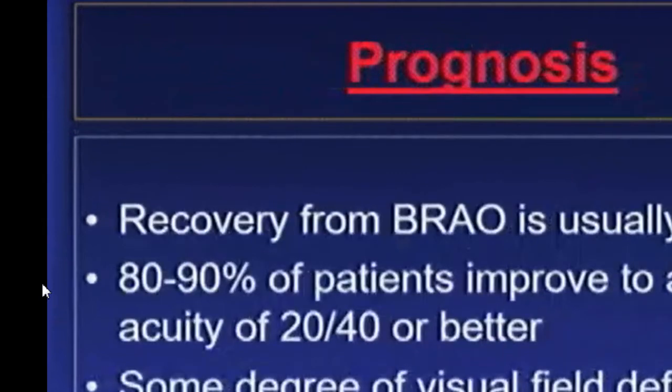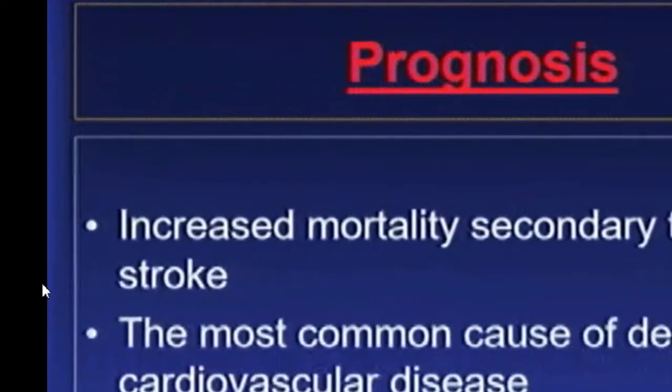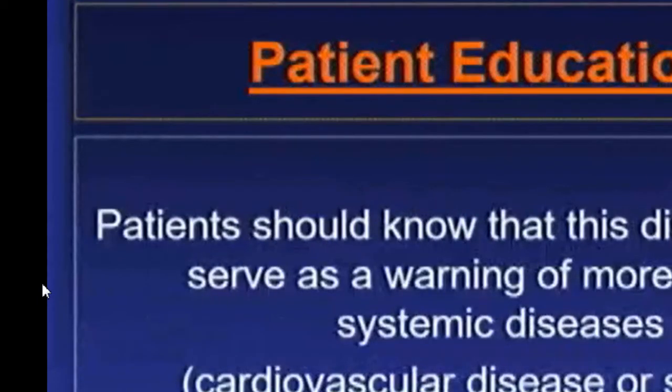Complications in these patients are less. Prognosis depends on the area supplied by the branch retinal artery, and most of the patients have good visual prognosis, 20/40 or better. As we mentioned early, we don't need to go for that.